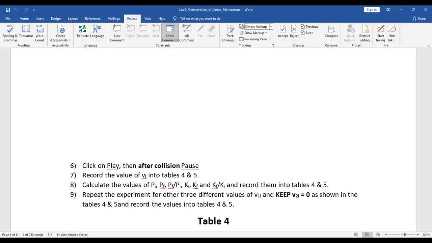And the next one is the kinetic energy. Initial kinetic energy Ki is 0.5 times m1, mass 3, times initial velocity 1 squared. Then we can find this is 1.5 joule.